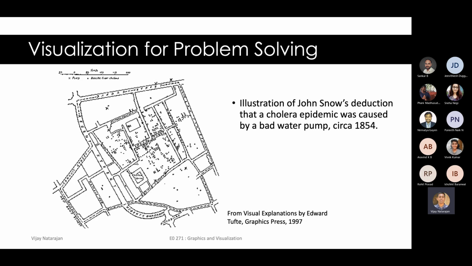These were the pumps that supplied water to the individual houses. They were connected to wells and so on. So all he did was for every street, I think for every few blocks, he plotted the number of deaths that were local to that region, right?